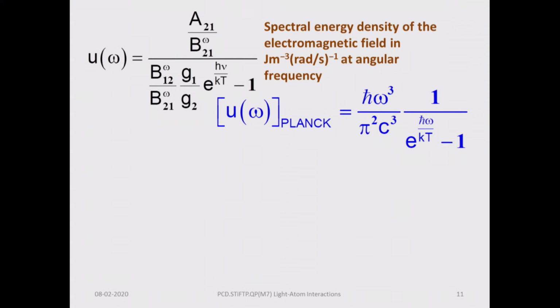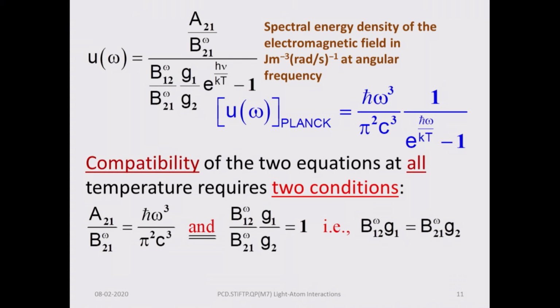And now, if you look at the right hand sides of these two and ask yourself, under what condition would the right hand sides be the same, then you immediately recognize that two conditions must be satisfied: first, the ratio A21 to B21 would have this omega cube other than the remaining constants, and second, B12 and B21, which are the proportionalities involved in the stimulated absorption and the stimulated emission, must be equal except for the degeneracy factor G. So, if the degeneracy factors G1 and G2 were the same, then B12 would necessarily have to be equal to B21.